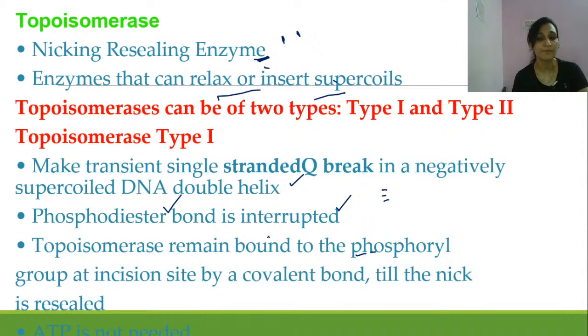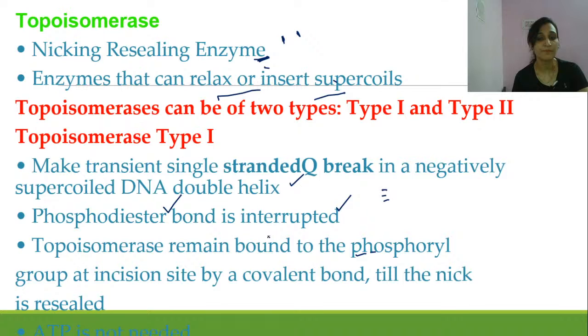So when two strands are broken, it is energy dependent. Very easily you can remember, if it is topoisomerase type 2, two strands are broken down, so energy would be needed. And in topoisomerase type 1, only one strand needs to be broken down, and thus it is a non-energy dependent step.